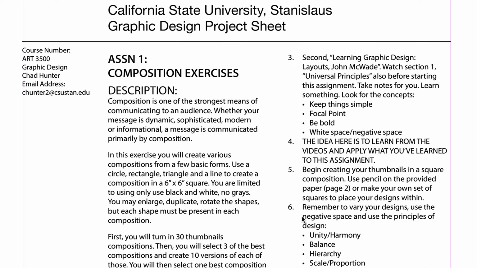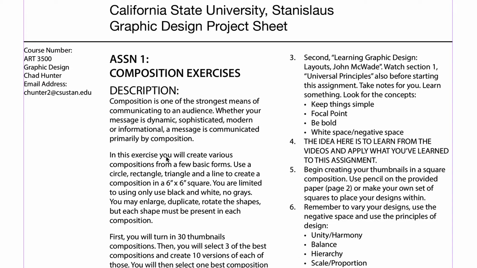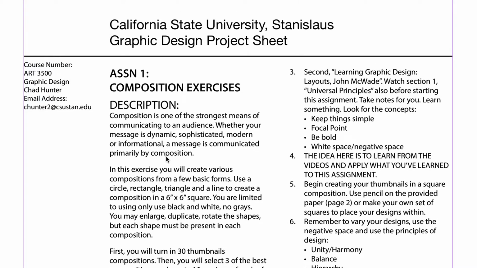And if it communicates traditional or sophisticated or modern, whatever it is you're trying to communicate, and that layout communicates that, you're going in the right direction. So this is going to help you at least get your feet wet about understanding composition.